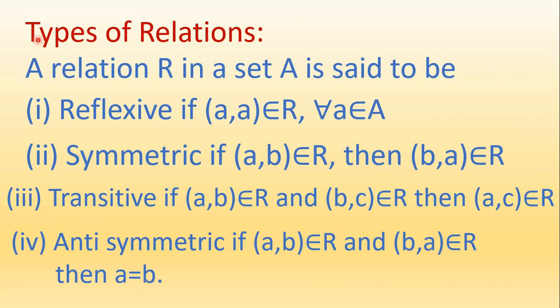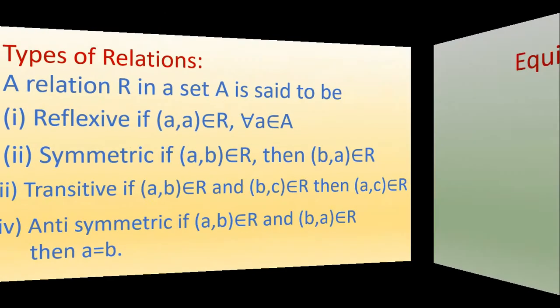So the first type is reflexive, second is symmetric, third is transitive, fourth is antisymmetric.